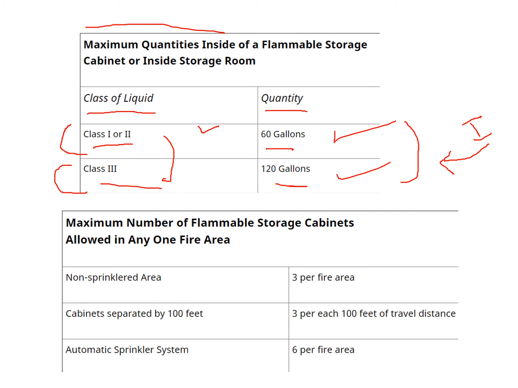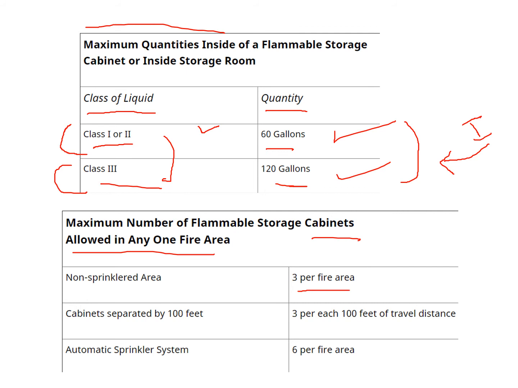Okay, and similarly, if we have a maximum number of flammable storage cabinets, there are also particular distance requirements for how we organize these cabinets, if we want multiple storage cabinets. For example, non-sprinklered areas should have 3 per fire area.